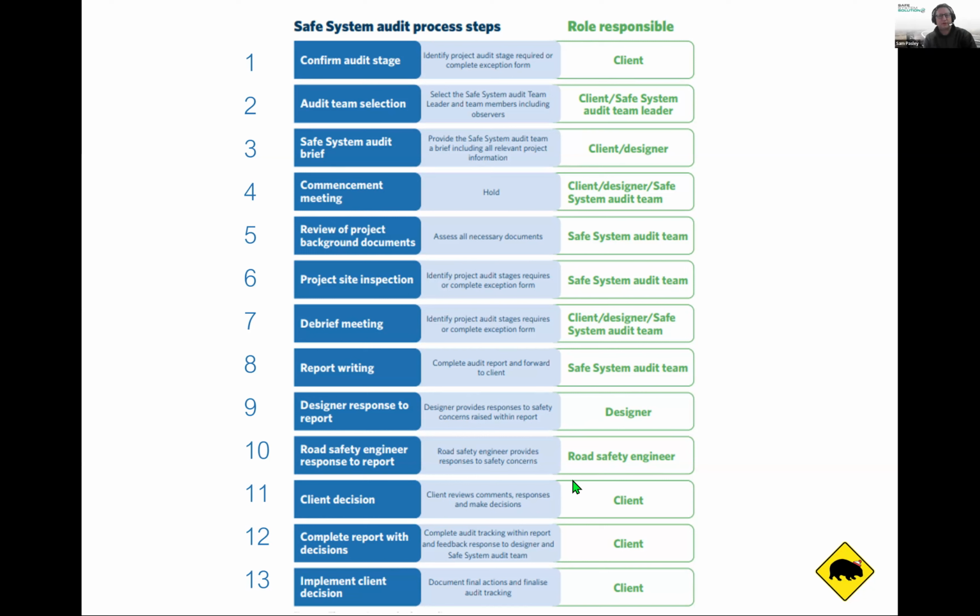Temporary traffic management, of course, has its own specific process. And then the third one, which you need to think a bit more deeply on, is when there's network changes that are sufficiently negligible that they don't warrant a safe system audit. So that could be other kinds of renewal works and things like that, where you aren't changing the road environment or the safety of the road that much.